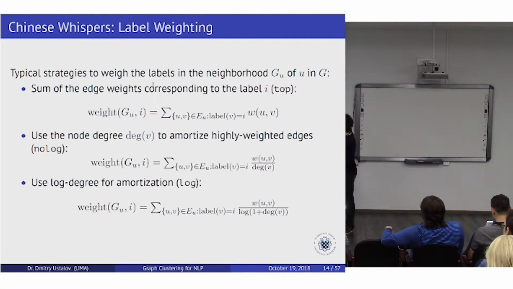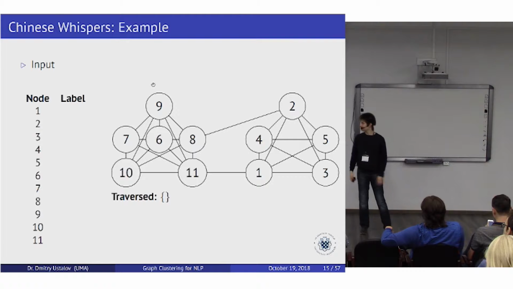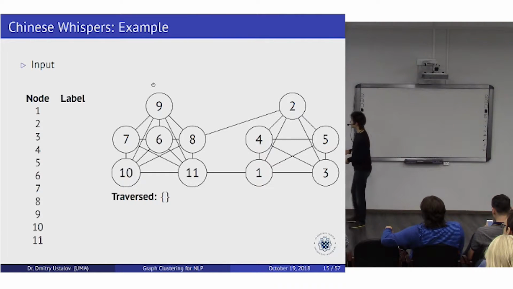There are two variations of this. The numerator is the same, and the denominator is first just the degree of that candidate node, and second the logarithm of the same number, of course with 1 added to prevent division by 0. That's it, very simple. Let's have a look at the example.